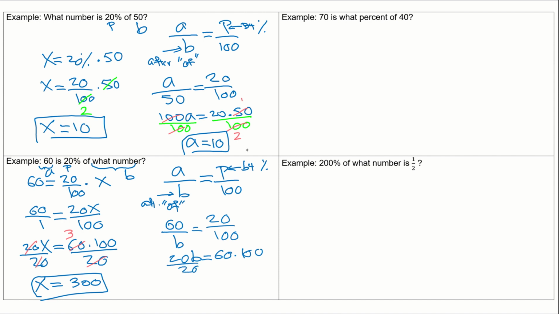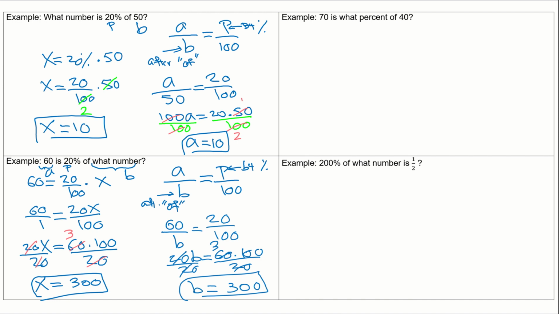Divide both sides by 20 again. And of course, same cross canceling as last time. So we get b equals 300. We of course expected the same result, okay? So two different methods, same result, of course.